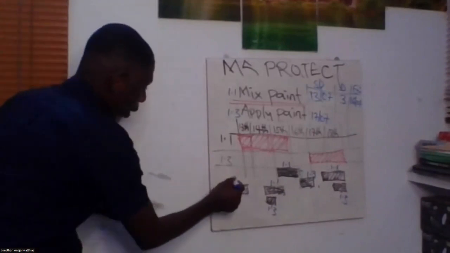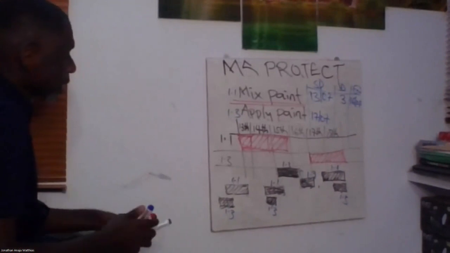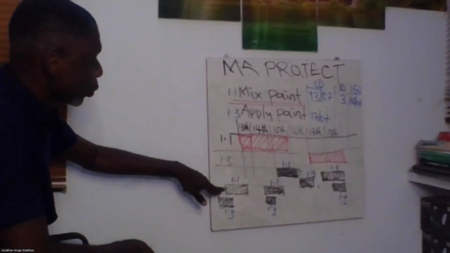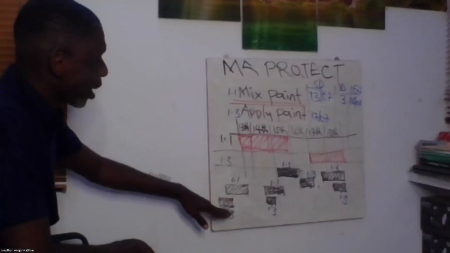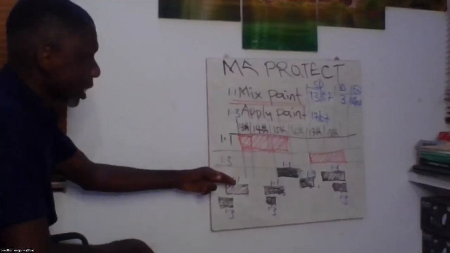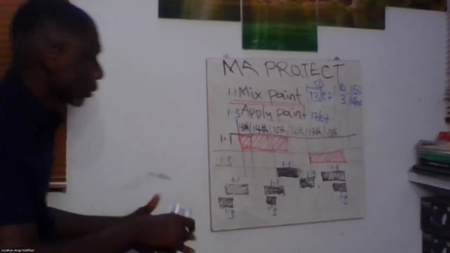This is my 1.1. This is my 1.3. Start to finish means the successor activity cannot end until the predecessor activity starts. You will see that kind of example as we go ahead.